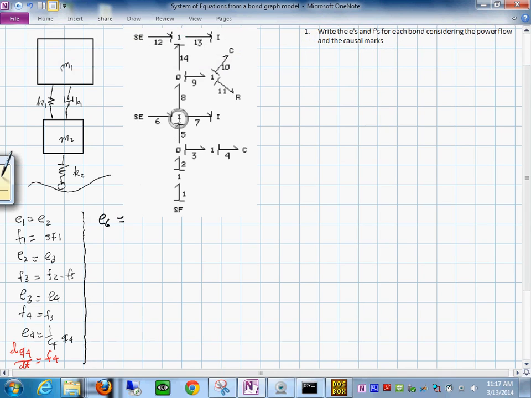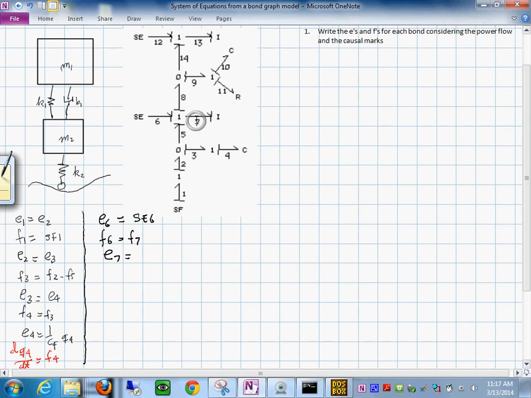What is E sub 6? E sub 6 is this SE6, and F sub 6 is F7, because this is the one that determines the flow for all the other junctions here.